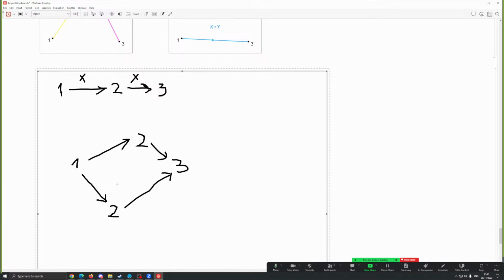So obviously you can add it in this way, but you can also subtract it in this way. So this is x plus x, right? 2x. And this one is x minus x.